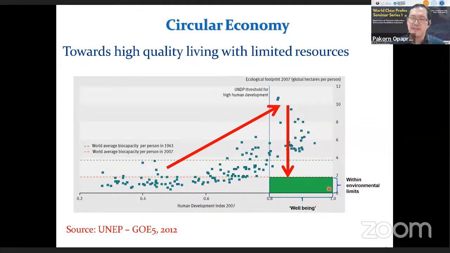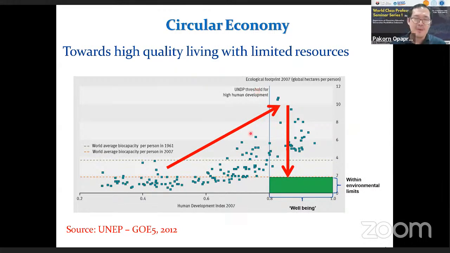So the people in developed countries can have a very high quality of life, like living in a good environment, something like that. However, if we look at the other axis here, it describes the ecological footprint, or how much resources people in each country need to use in order to live their lifestyle.